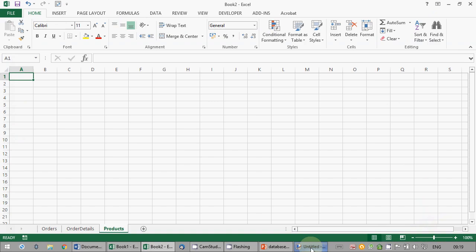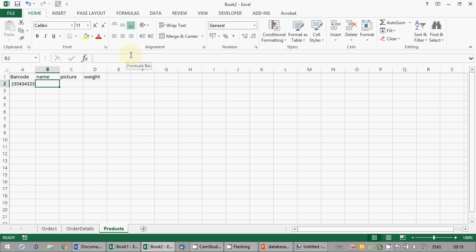Barcode, name, picture, weight. So the barcode, the name is a pear. Picture, imagine the picture of a pear and how much a pear should weigh. 300 grams if it is rather heavy.